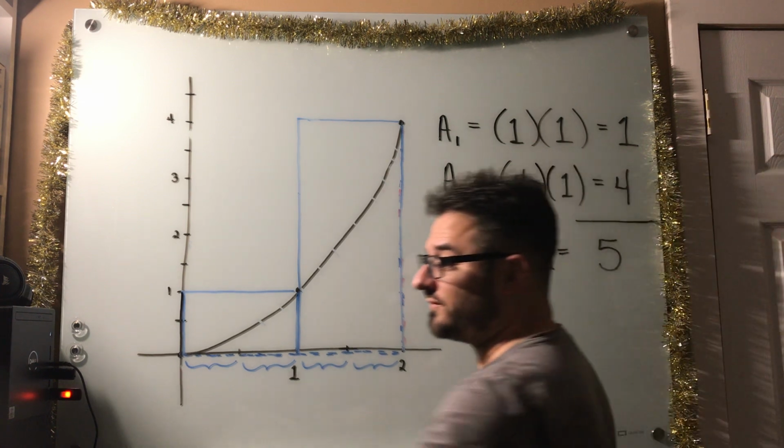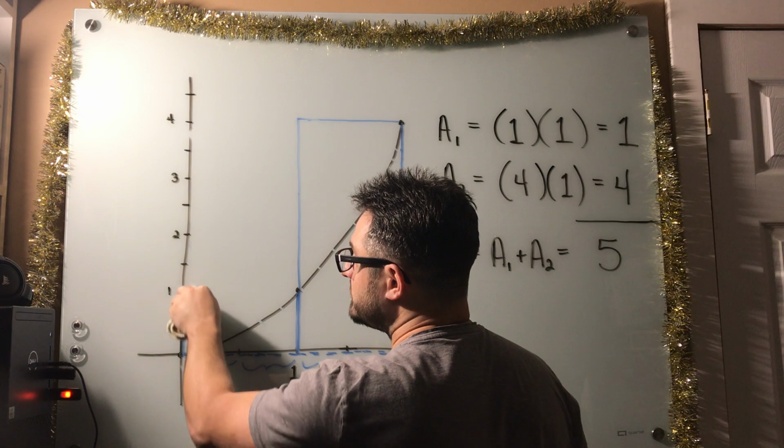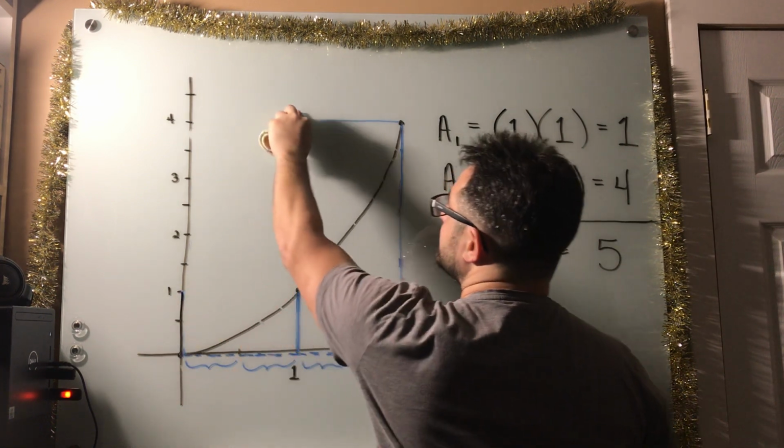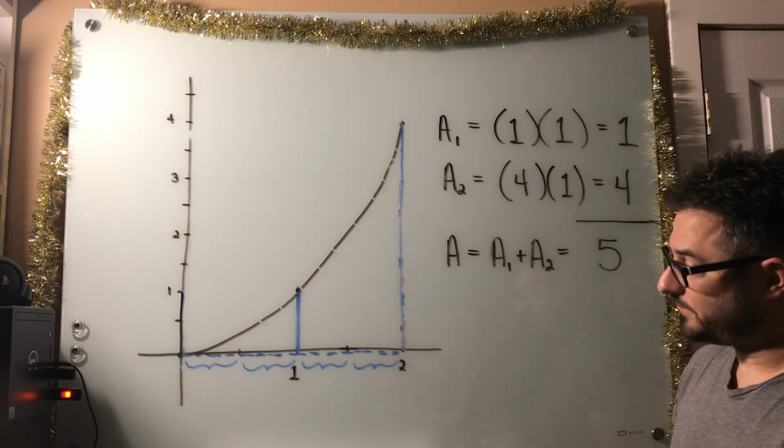Now, that's going to affect what happens with the heights of our rectangles because, well, we now have different bases. We have more subintervals to work with.